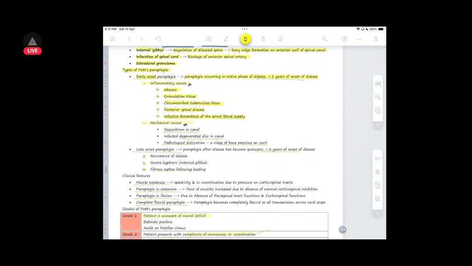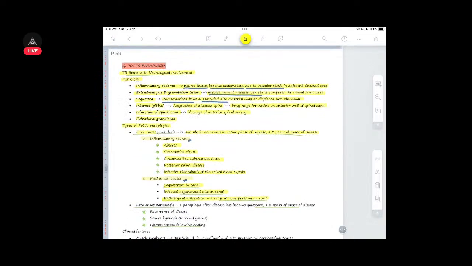Mechanical causes are sequestrum in the canal, infected degenerated disc, and pathological dislocation, so there will be a bone pressing on the cord. That is inflammatory causes and mechanical causes.